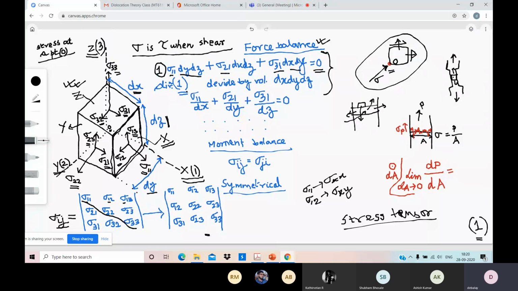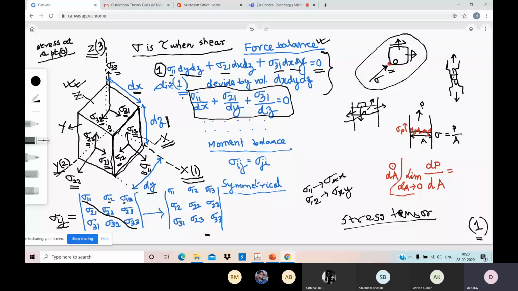Now if we divide it by volume, then we get this kind of term for the stresses acting in direction 1: sigma 1 1 by dx plus sigma 2 1 by dy plus sigma 3 1 by dz equal to 0. This is for a body under static equilibrium of forces, not dynamic equilibrium.